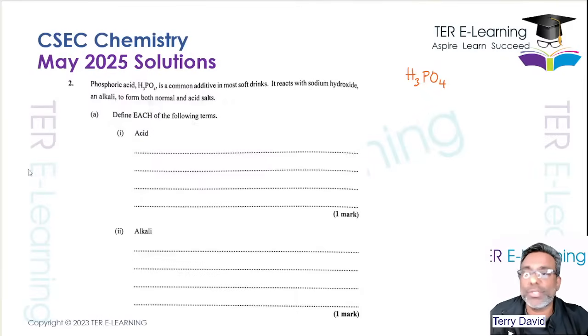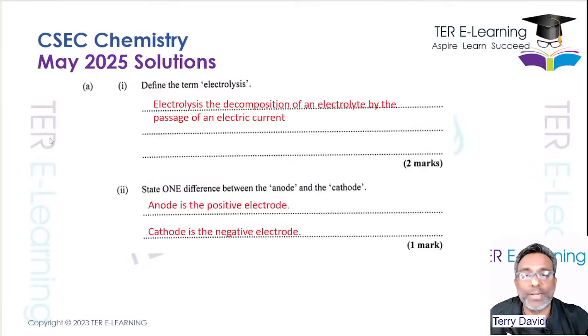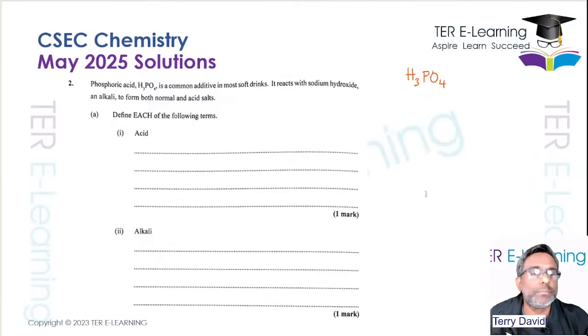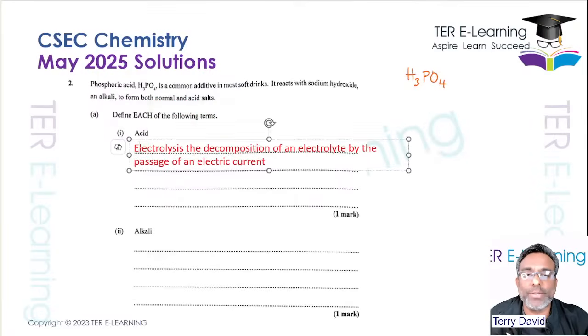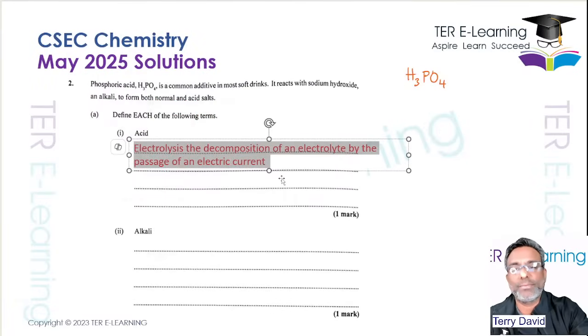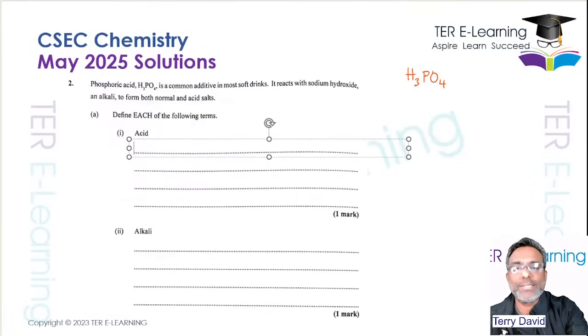So they want us here to define these things. They want a definition for an acid. So in this case, let's define an acid. There are different ways you can define an acid. You can say an acid is a proton donor. That's one possible answer.